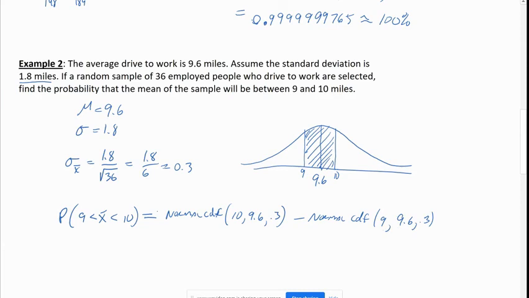Basically, that would be finding all of this area and then subtracting this area, and what we'd be left with is the area that we're looking for right here.